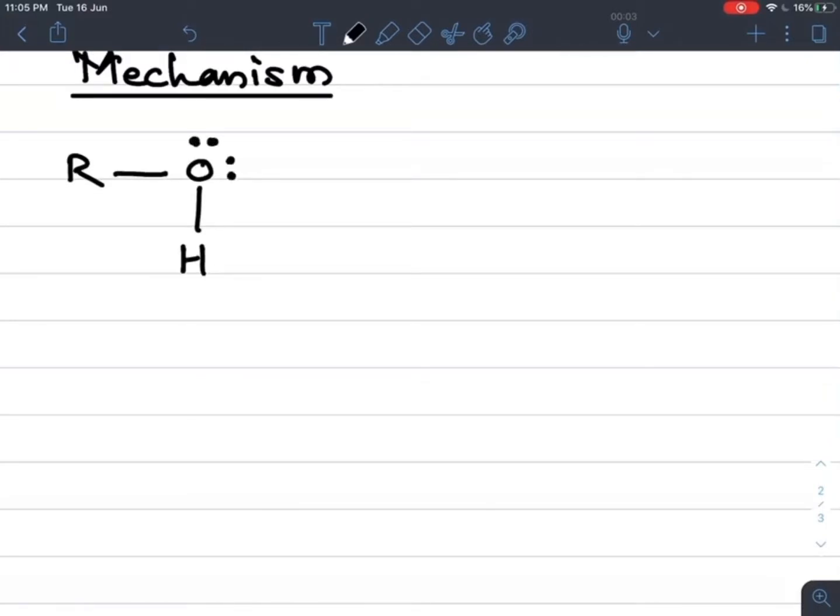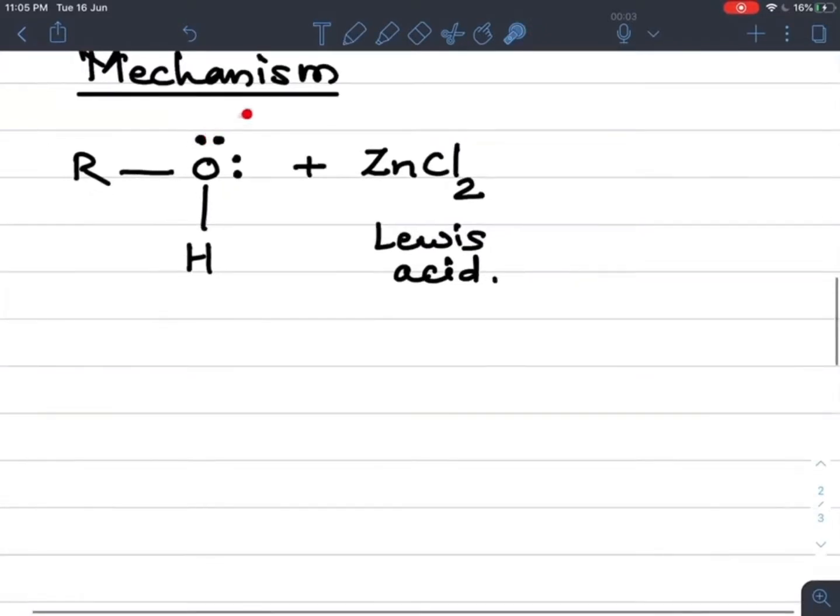When it comes in contact with zinc chloride, ZnCl2, this zinc chloride is a Lewis acid, because the zinc is electron deficient, and electron deficient species are always Lewis acids. They accept a pair of electrons, and this oxygen donates a pair of electrons to the zinc and bonds with the zinc.